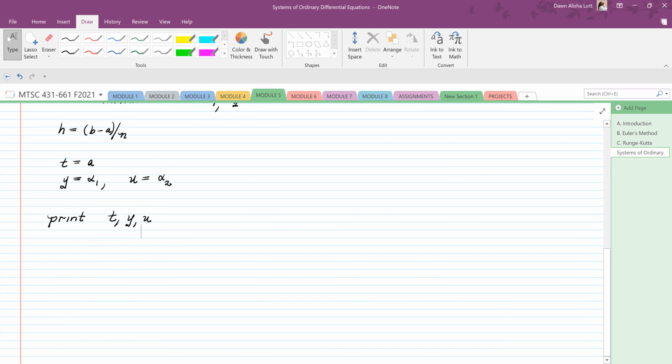Okay. So now we need to have a slope for each one. Now you can call it however you want. I would call it something like KY1 or YK1. So I would have YK1 would be F of T, Y, and U. And then I would have UK1.